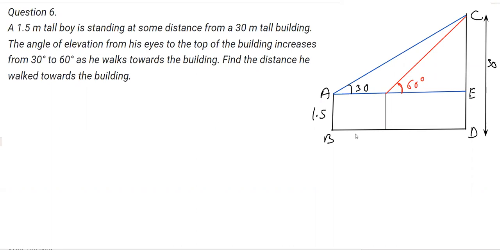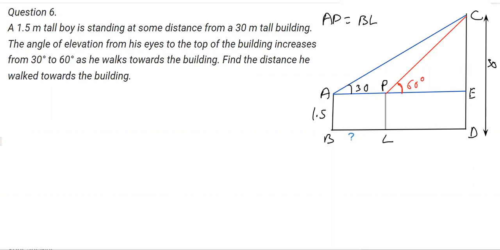Let's say I name this point as L, and this being P. Now we have to get the distance traveled, which is BL. From the figure, we know that AP is the same as BL, so whether we get the length of AP or BL is the same thing.